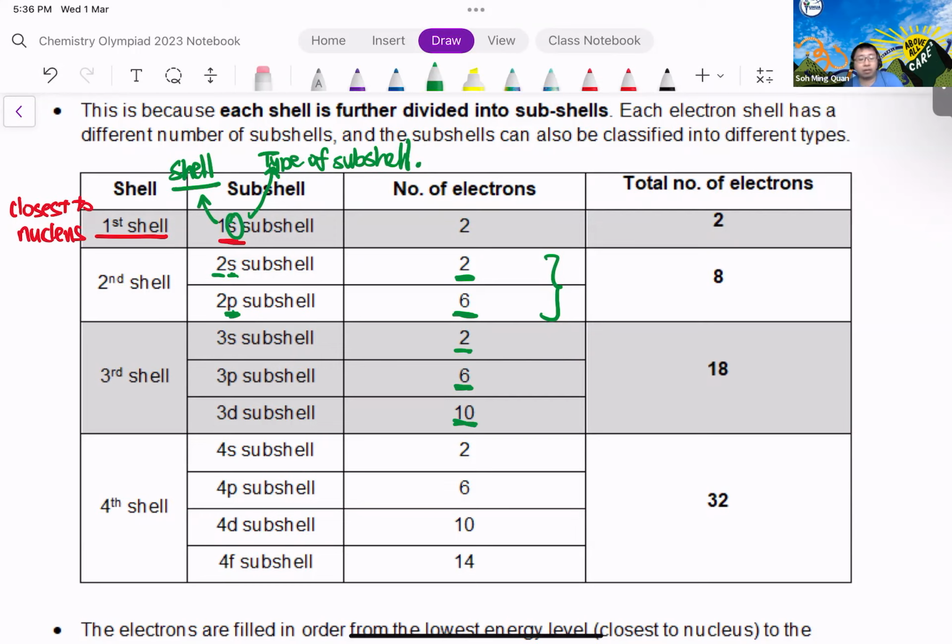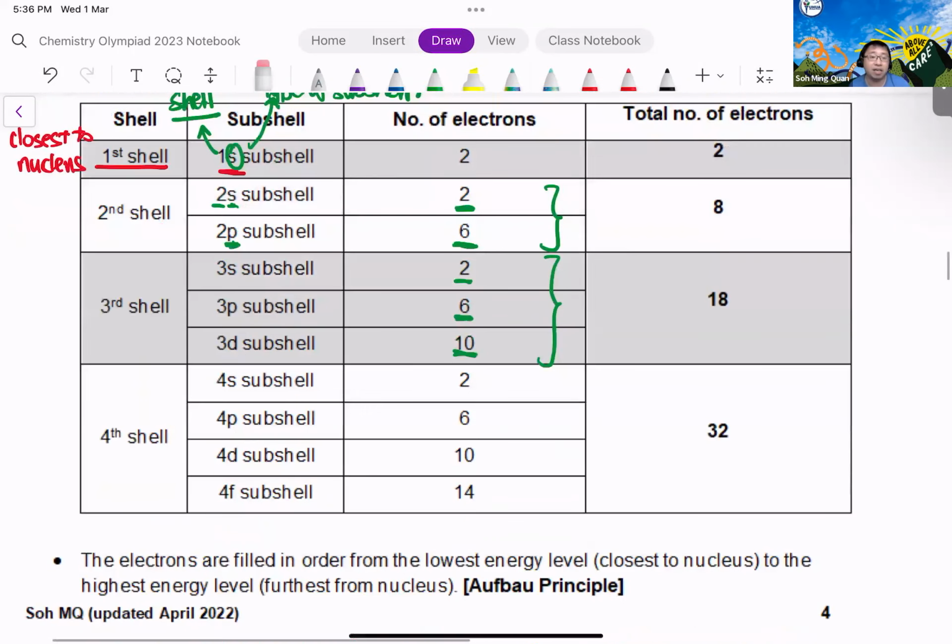And so we say the third shell can accommodate a maximum of 18 electrons. 2 plus 6 plus 10. Finally, the 4s, 4p, 4d, 4f. So you can see, once you get to F, it can accommodate 14 electrons.